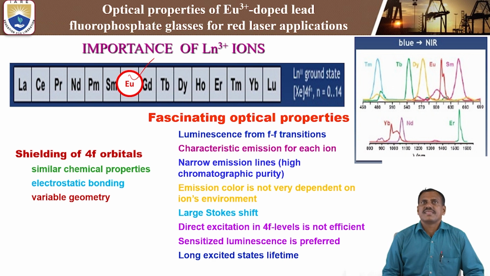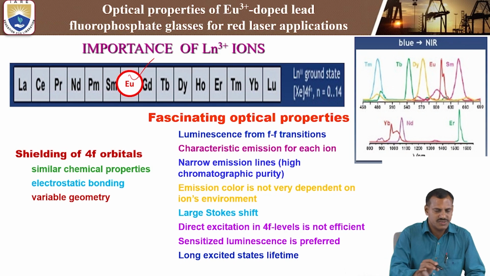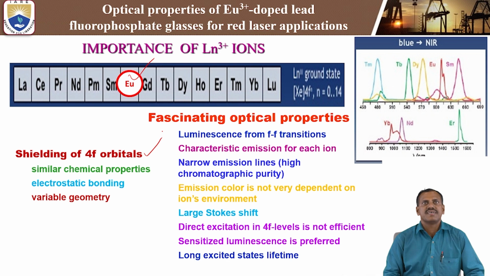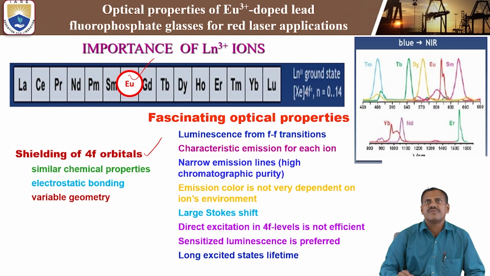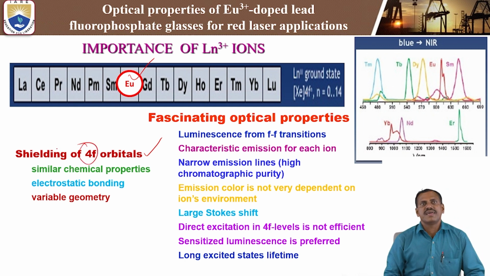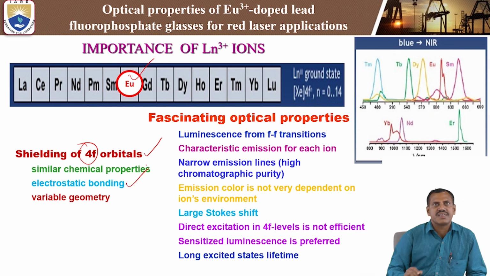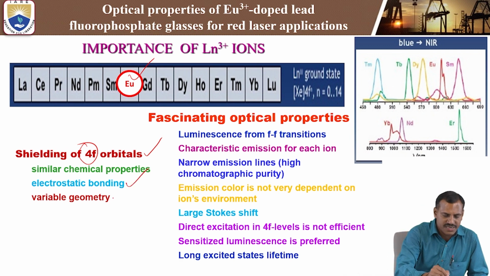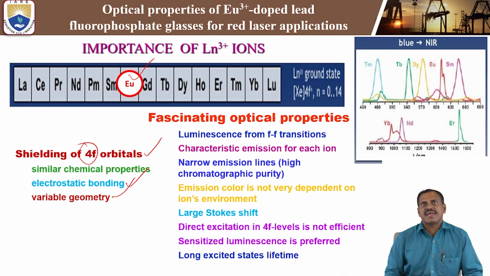In the case of europium 3+ ions, what is the importance of lanthanide ions? First is the shielding of the 4f orbital, because the lanthanide ions belong to the 4f orbital; the ground state configuration is 4f^n with n equal to 0 to 14. So this completely belongs to the 4f orbital elements. Next, chemical properties, then electrostatic bonding and variable geometry. These are the importance of the lanthanide 3+ ions.